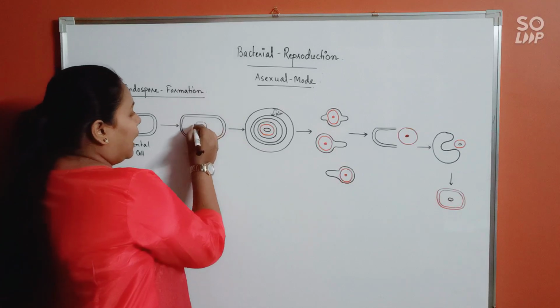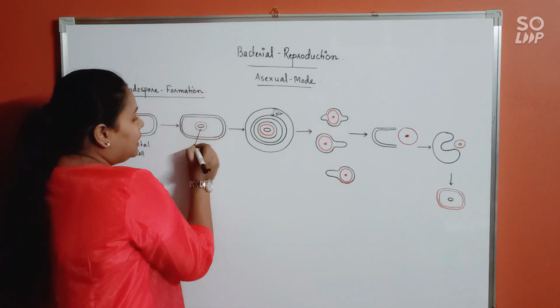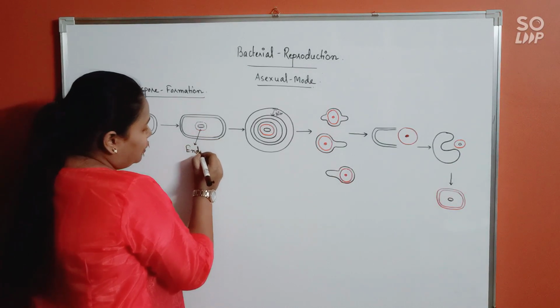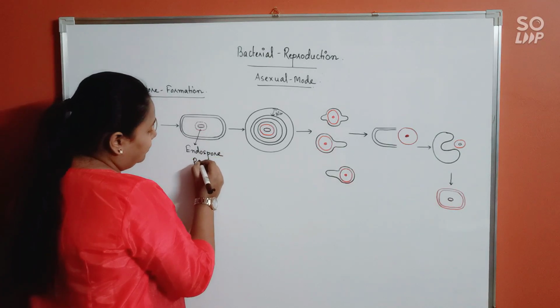So this part that has separated from the rest of the cytoplasm is now going to be called endospore primordia.